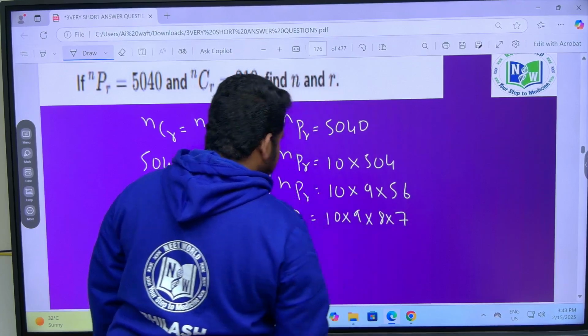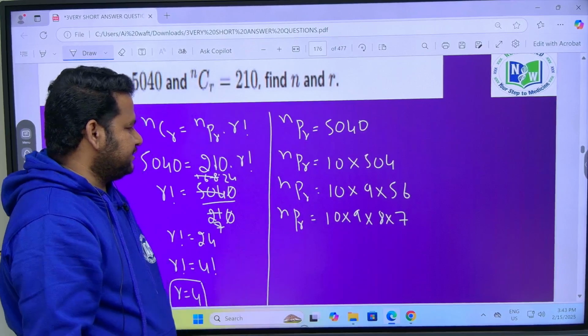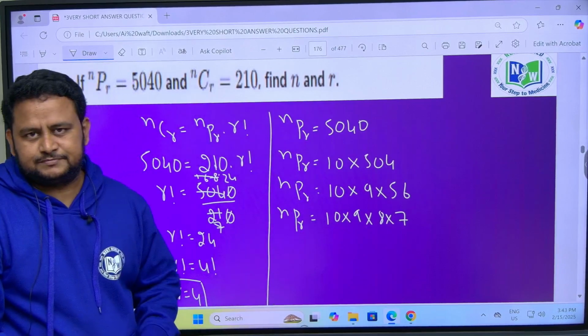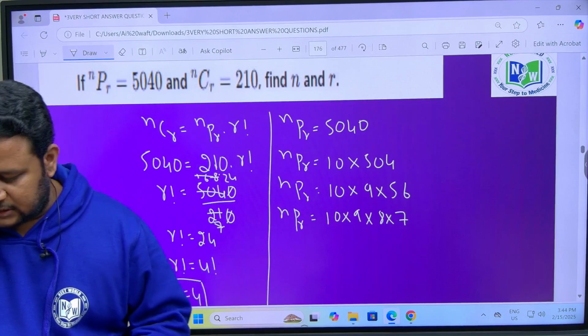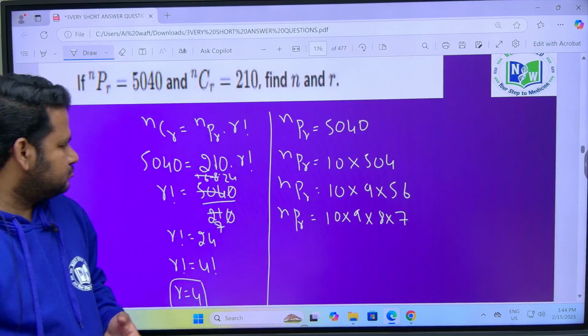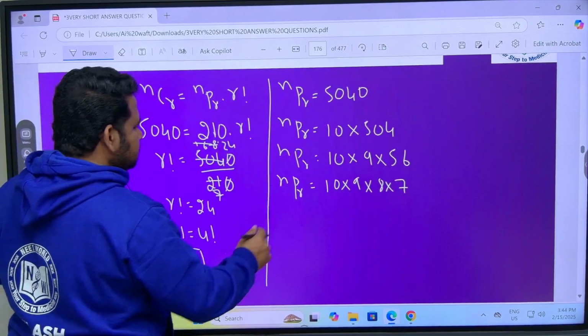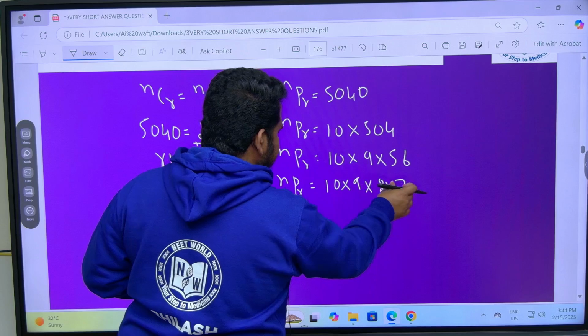So nPr will be equal to 10 into 9 into 8 into 7.